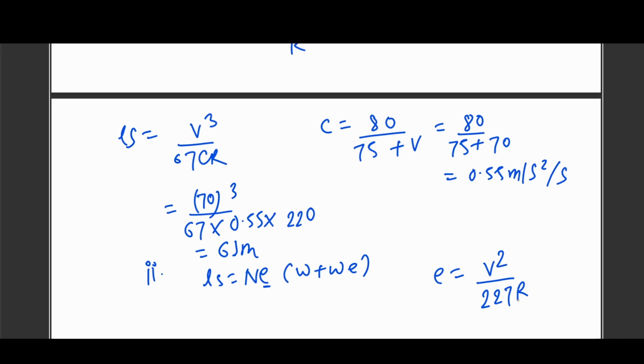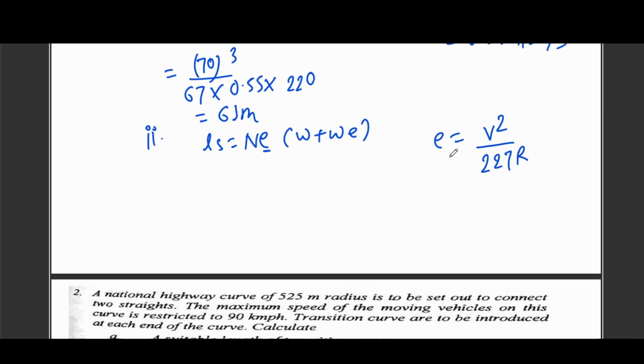So that it will be much easier, because in mixed traffic we consider the velocity as 0.75 times V. So we decrease the velocity, and that's why a factor of safety is introduced while solving this question. So considering the velocity lesser, we get the super elevation as 0.1, which is greater than 0.07.